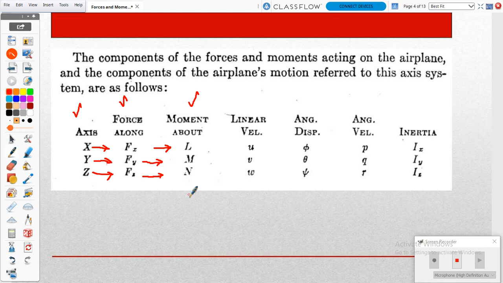So moment for the x-axis is capital L, for the y-axis capital M, and for the z-axis capital N.